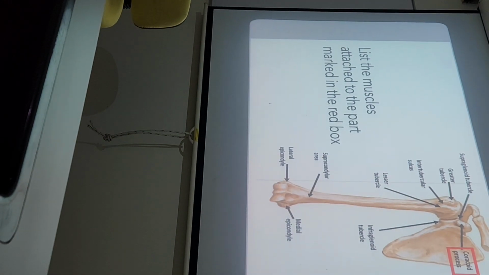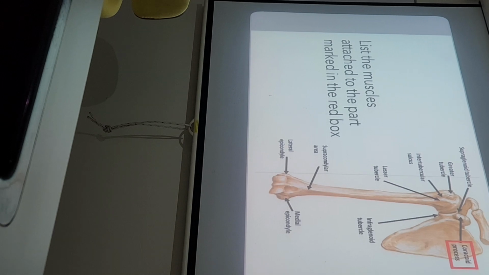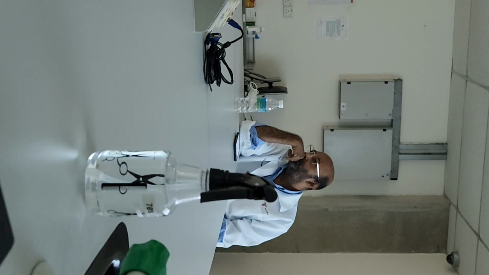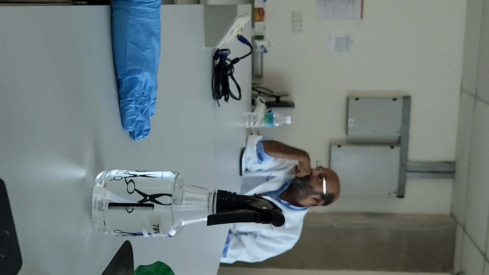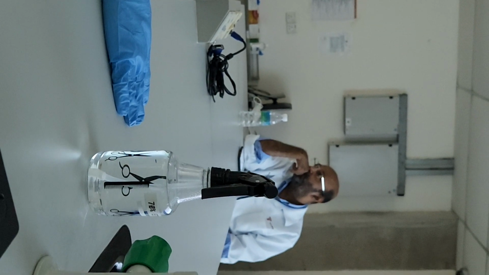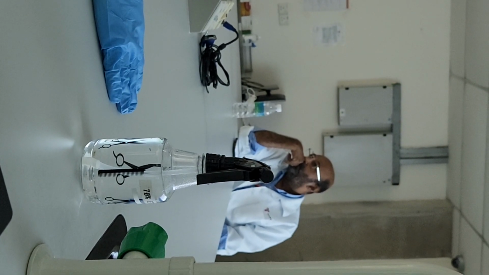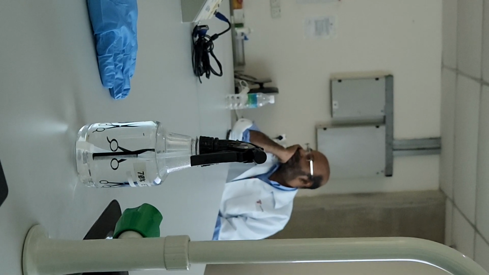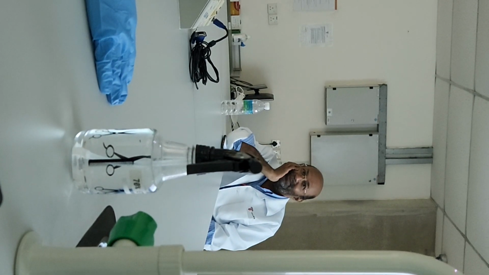Next. Answer this question. Coracoid process. Short head of biceps brachii. Pectoralis minor, short head of biceps. I think it's true, right? I believe so.